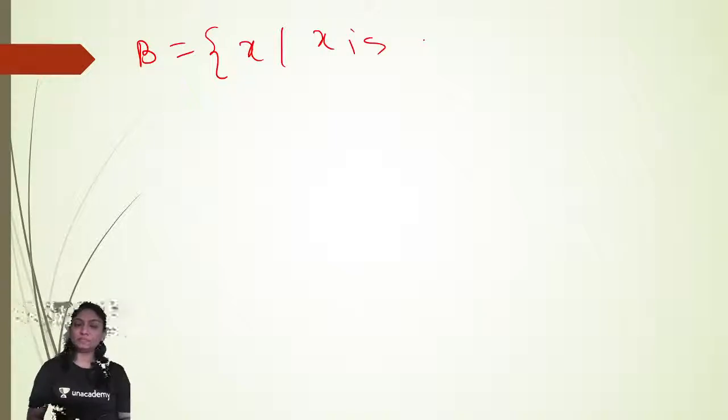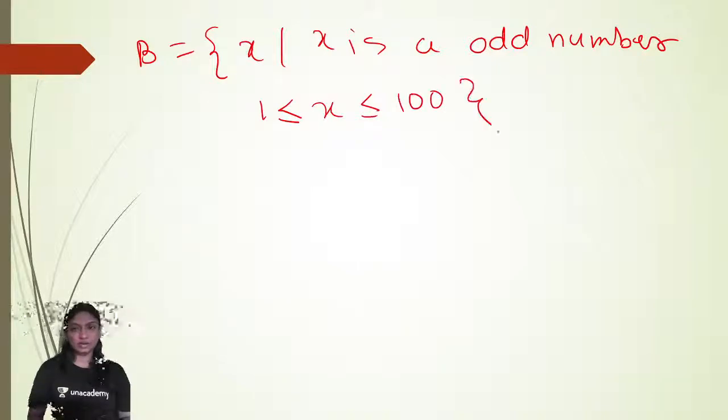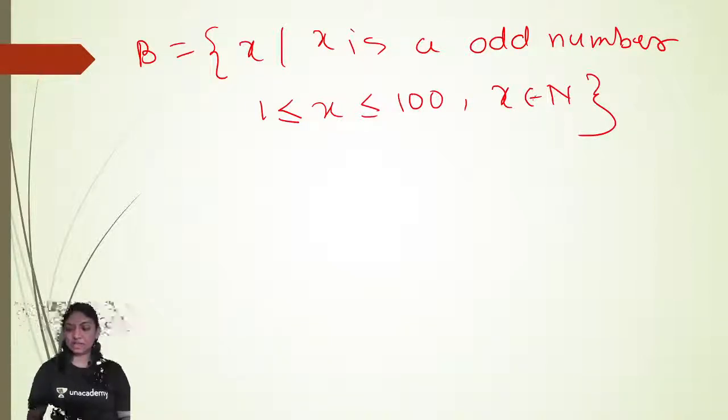Suppose, for example, I want to write the set of all odd numbers: x such that x is an odd number, 1 less than or equal to x less than or equal to 100, where x belongs to natural numbers. This is the simplest way to write that set, instead of writing elements separated by commas.